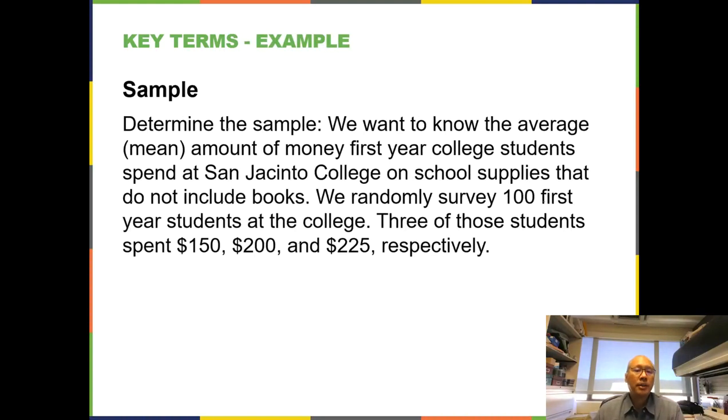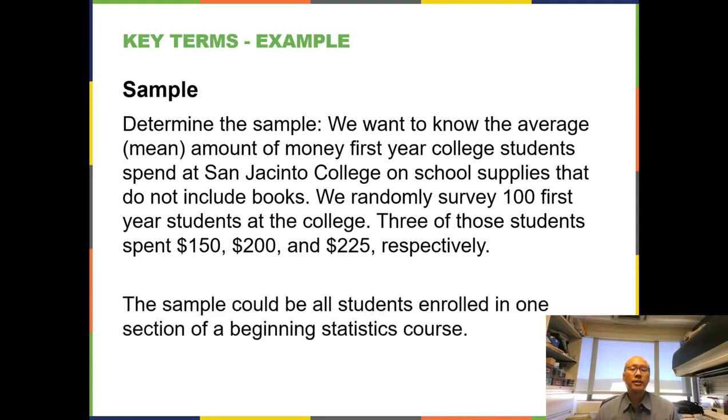Back to our example about the average amount of money that the students spend on school supplies, not including books. We survey 100 first-year students at the college, so those 100 students that they surveyed could be the sample. That sample can be the first 100 students that they come up with, or they specifically select a few students from each class.